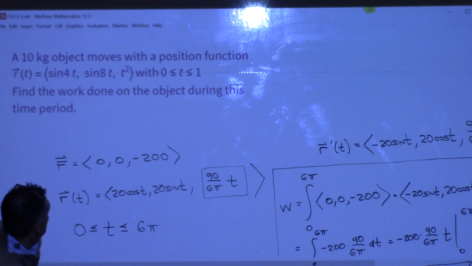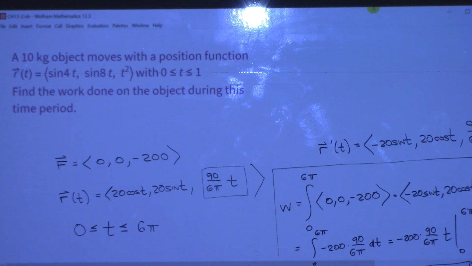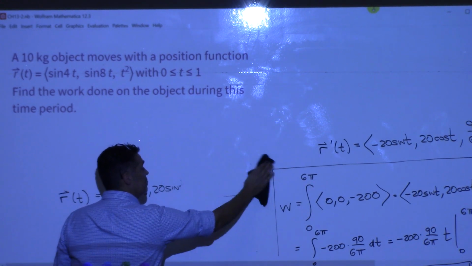This object that's moving, I need to be clear, is just in space. It's not on Earth. It's not under the influence of any gravitational force. So you have a 10 kilogram object. Now, kilograms is a measurement of what? Mass, right?